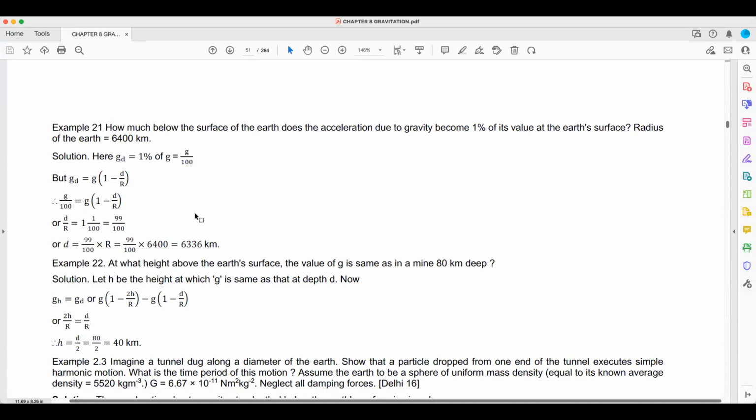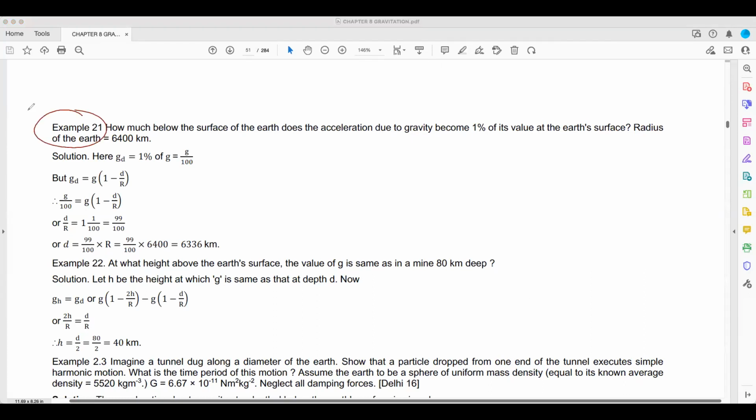See this. Look at the 21st problem. Are you able to see my screen? Yes, you're able to see the 21st problem.